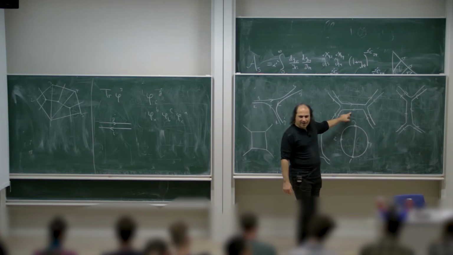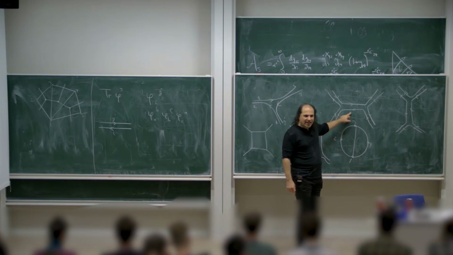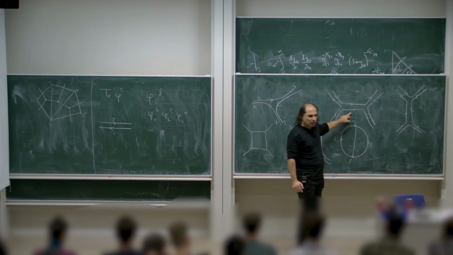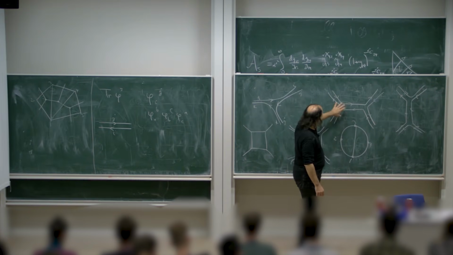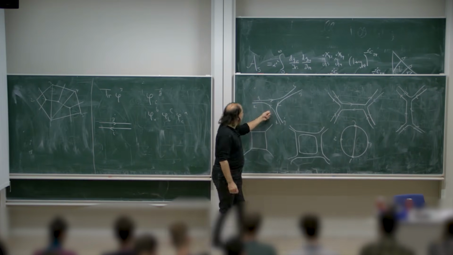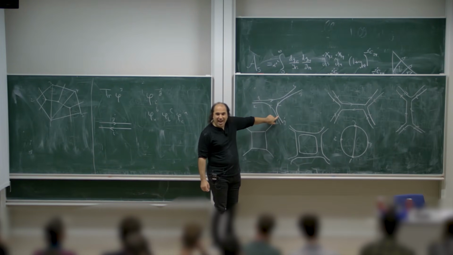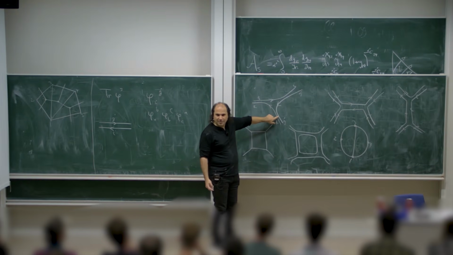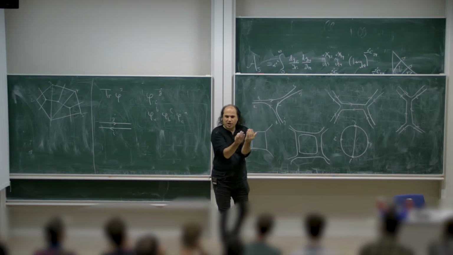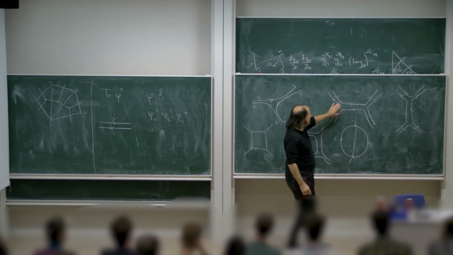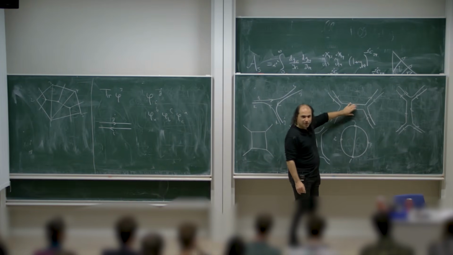A ribbon graph like this, a fat graph like this, is giving you exactly the same data. You can think of each one of these vertices. You can think about the roads coming in as being the edges of the graph. Sorry, the edges of the triangles. And the triangles that meet along common boundaries are precisely the things that are joined by these propagators.